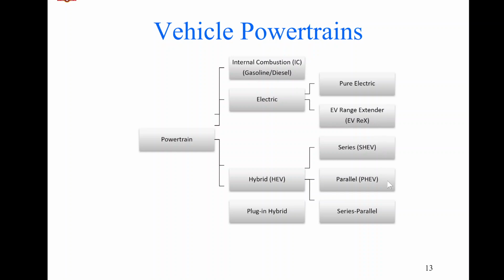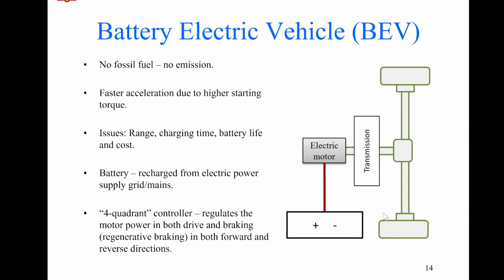Then you have series and parallel or series-parallel hybrids, which use the engine as well as the electric motor in different mechanical combinations to drive the vehicle.